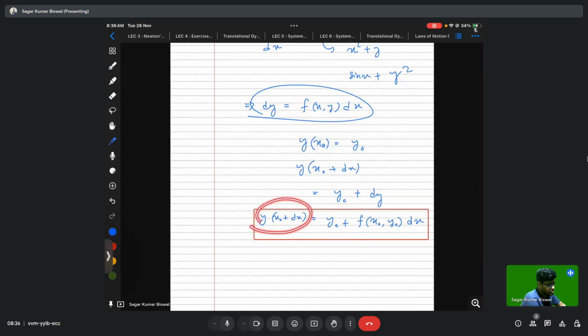So y at x0 plus dx, a small increment in the function, will be y0 plus dy if you have an initial value, and then this will be y0 plus f of x0, y0 into dx.